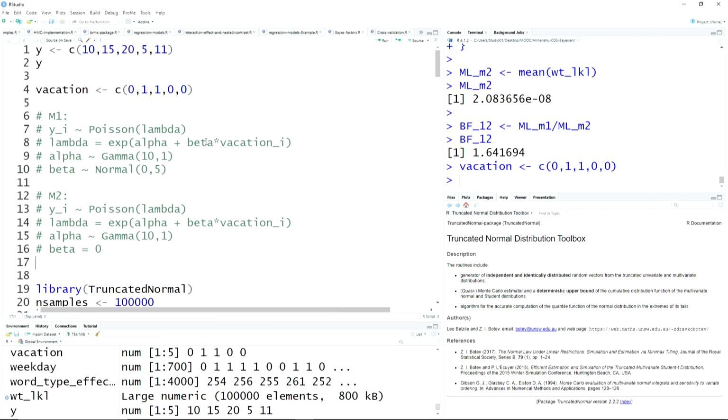What does this imply? That model 2 assumes that there is no effect of vacation on the rate of road accidents. So, the rate of road accidents would depend entirely on alpha.